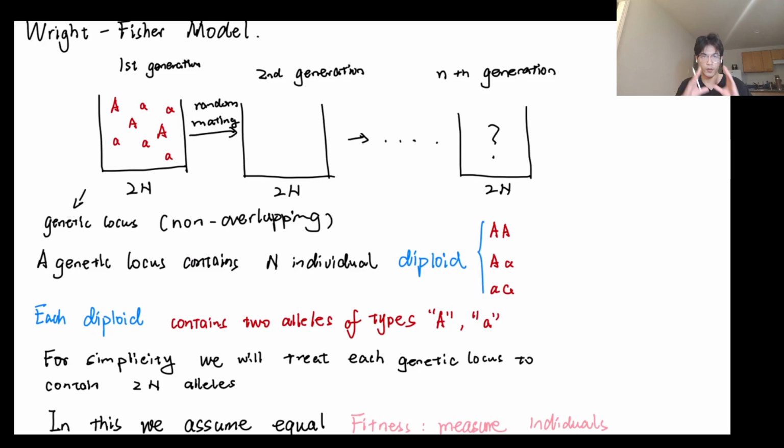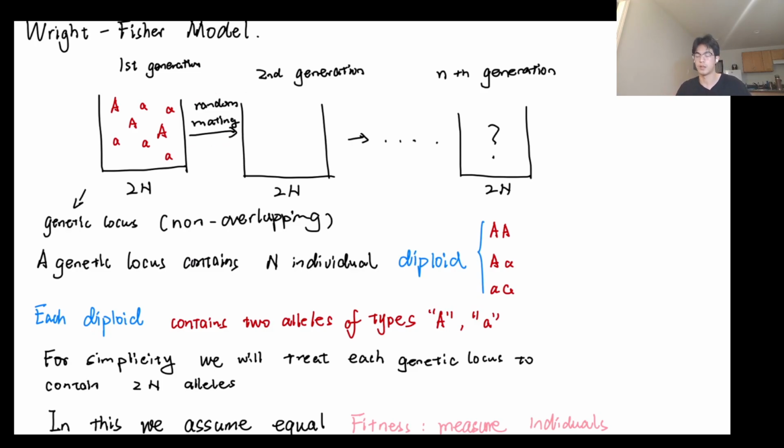So the first generation and the second generation, these two genetic loci, you can think of that as completely disjoint. There are no overlapping alleles in between generations, and the sampling that we're experiencing is called random mating.